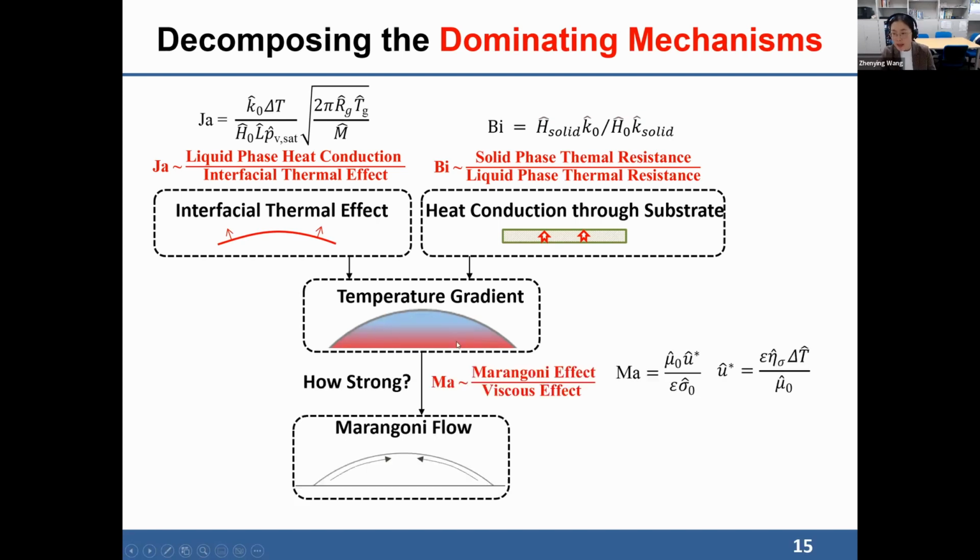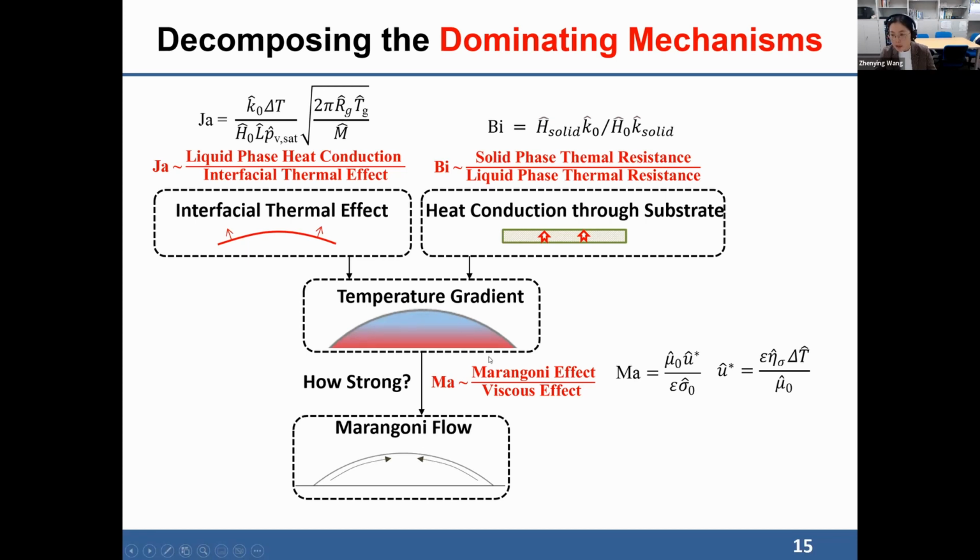This temperature gradient decides the Marangoni number, which is the relative strength between the Marangoni effect and the viscosity effect, and it decides how strong the Marangoni flow is. That is, if the liquid viscosity is small, then the Marangoni flow will be stronger.